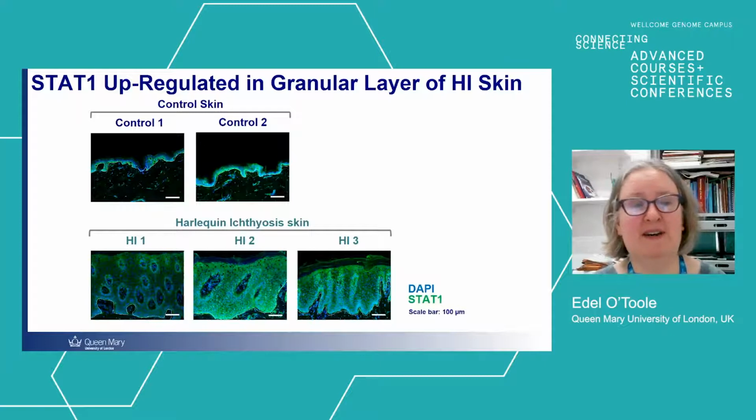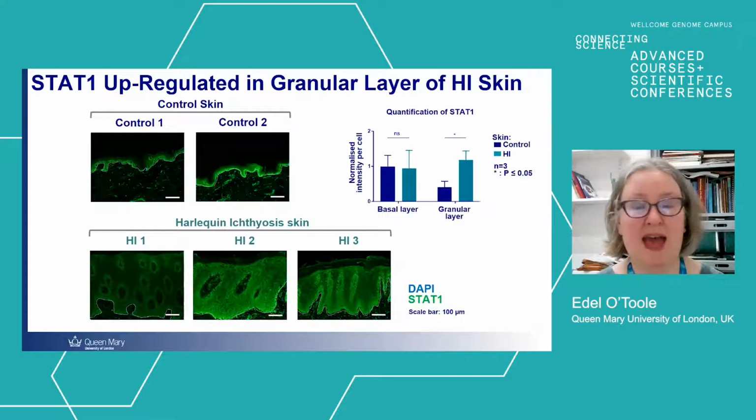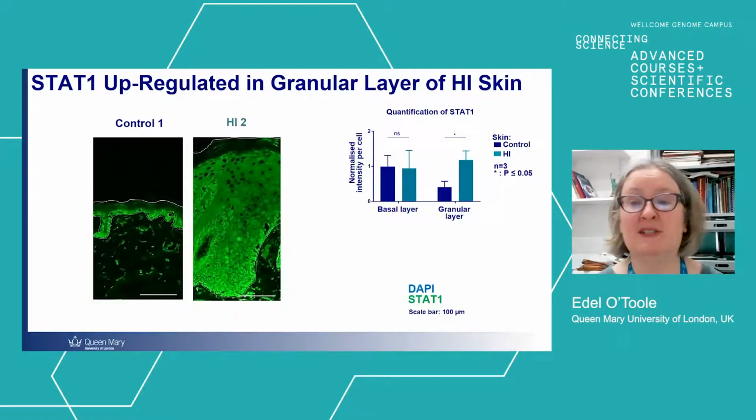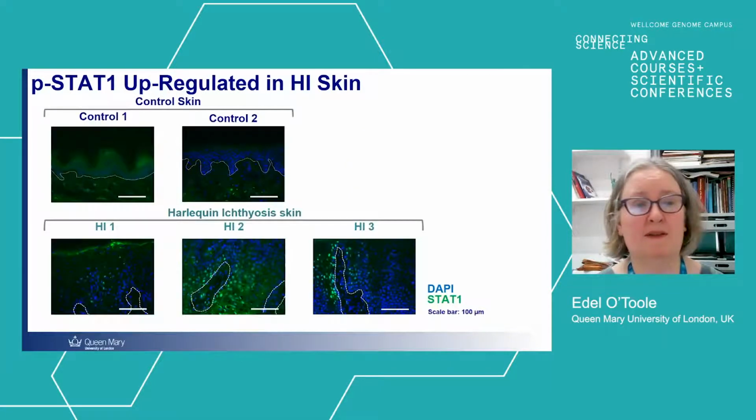We did some staining on Harlequin ichthyosis skin, comparing it with normal, and we found that STAT1 was slightly upregulated, particularly in the granular layer of Harlequin ichthyosis skin. We then looked at phospho-STAT1. We saw no STAT1 phosphorylation in the epidermis of normal skin.